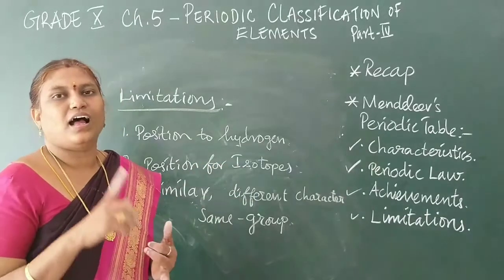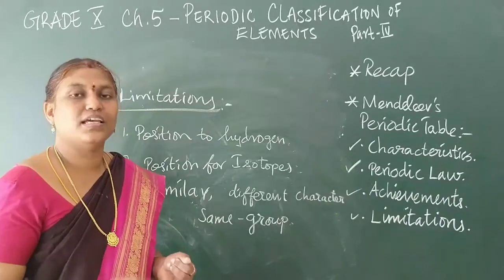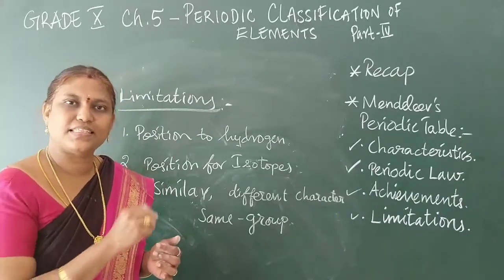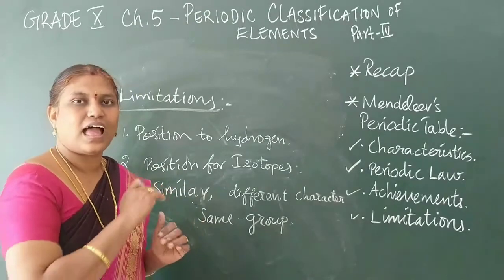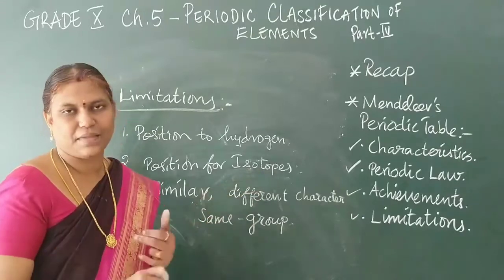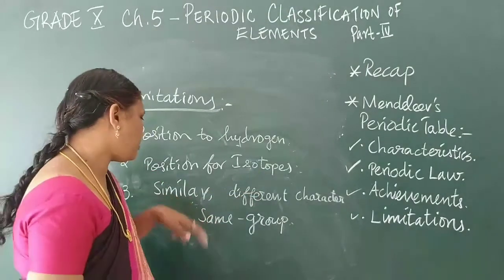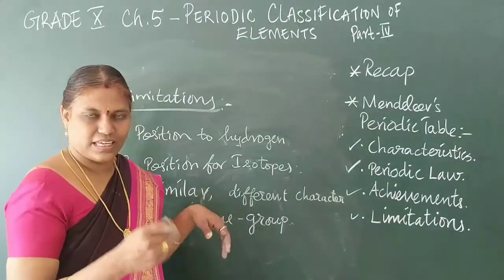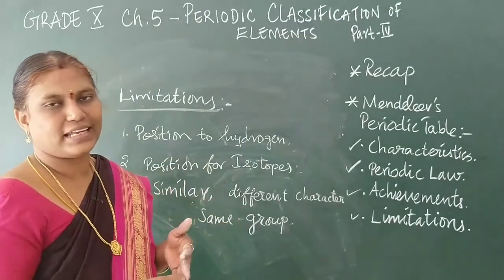Isotopes, because the main thing is the same element will have different atomic mass. He arranged the elements in the same group with the same character, and in increasing order of atomic mass; if the same element has different atomic masses, he cannot place it. The third one is what? The heavier elements have been placed before lighter elements.